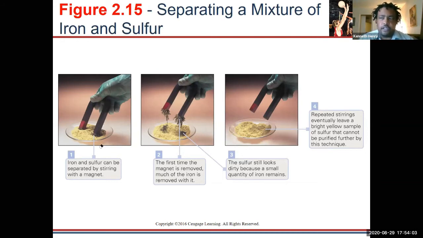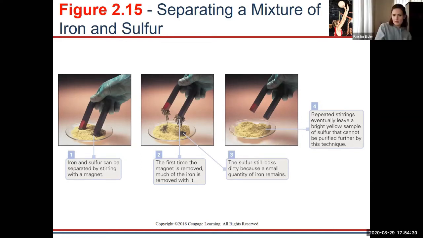If I have a mixture of iron and sulfur, I can separate them by putting a magnet in there. The iron's going to bind to the magnet, the sulfur is going to stay there, and you can see that happening here. So what does that mean? Is it a physical reaction or a chemical reaction?